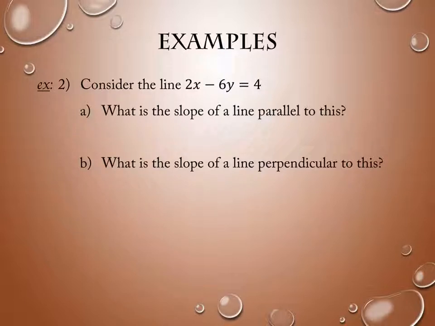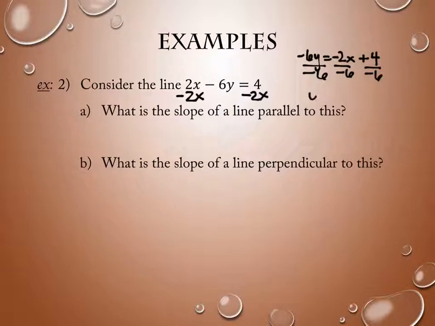So I need to get this solved for y in order to be able to look at it the same way as the last problem. So the first thing I would do is I would subtract my 2x. So I have -6y equals -2x plus 4. And then I would divide by -6. So I have -2x divided by 6, which would be positive 1/3 x.